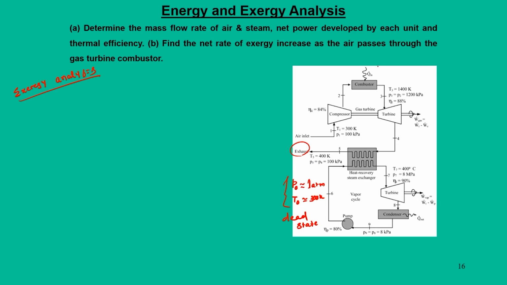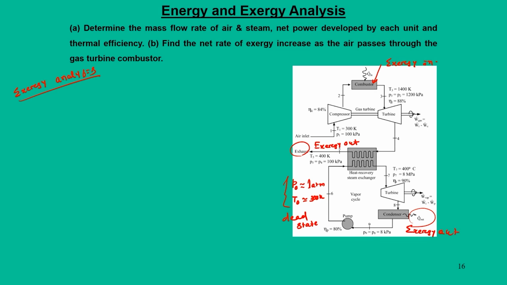First thing is that exergy entry is to the combustor, that is exergy in, and exergy that goes out is out through this exhaust from the gas turbine. Another point of exergy out is the condenser, the steam condenser.